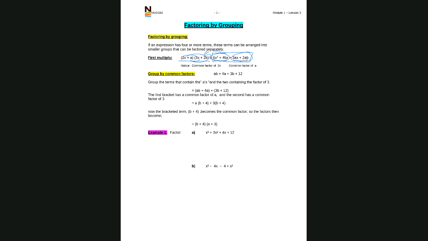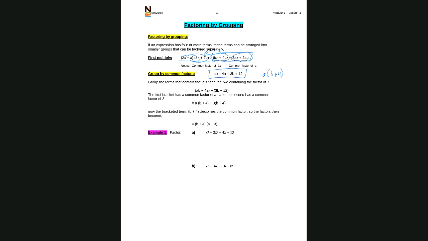Our first example here is different. So it's 4 terms. The a is common in the first 2 terms. So we would take the common factor of a out, and you're left with b plus 4.